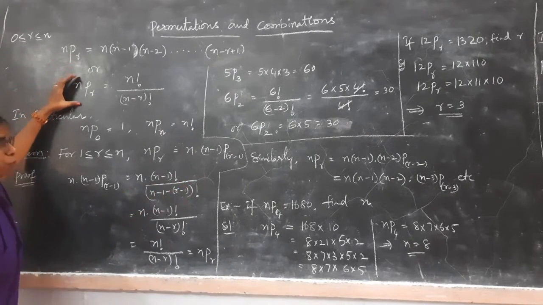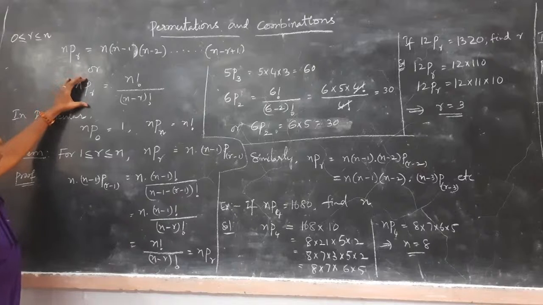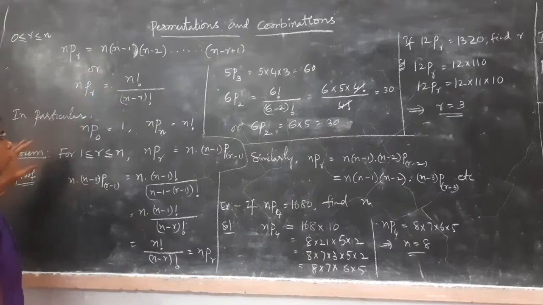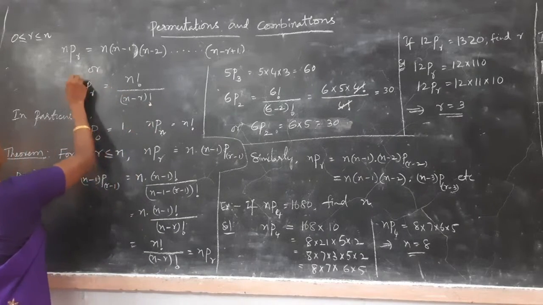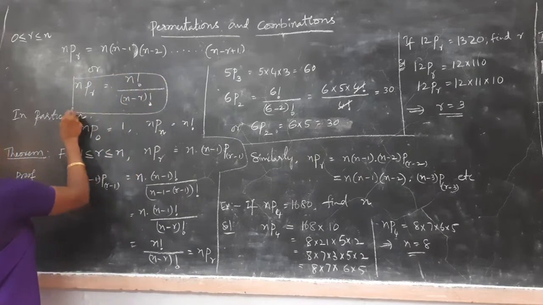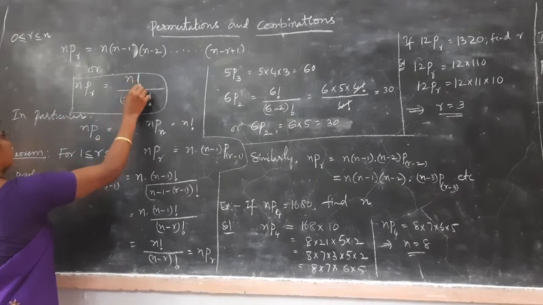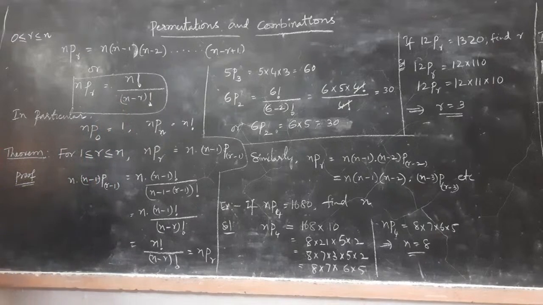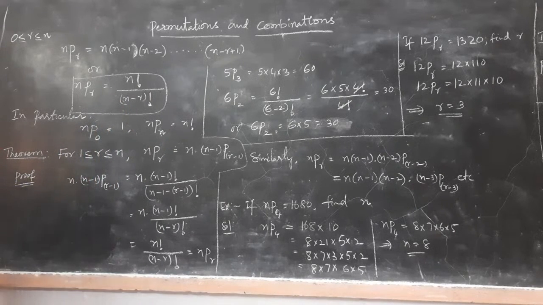Just as proved in the previous theorem, nPr is equal to n factorial by n minus r factorial. This formula you have to remember.